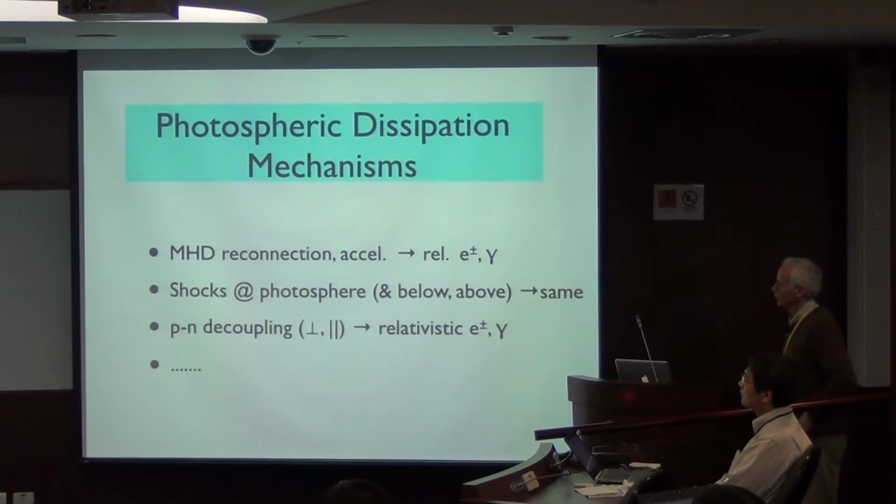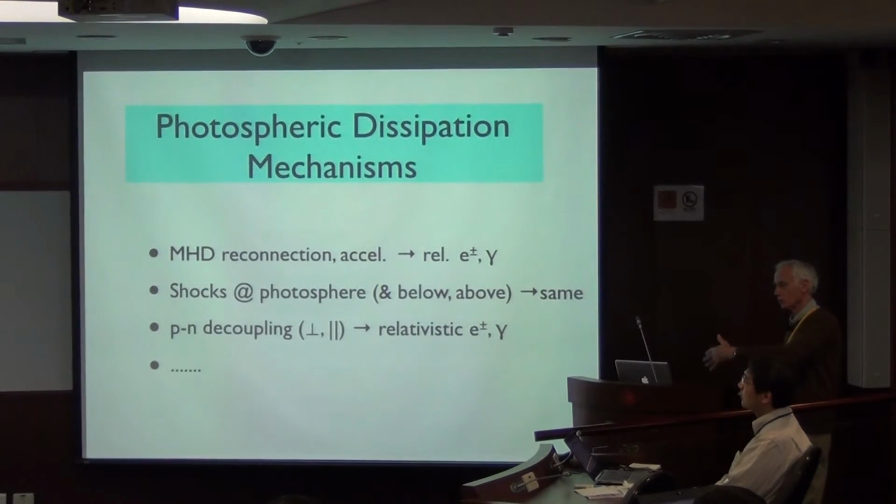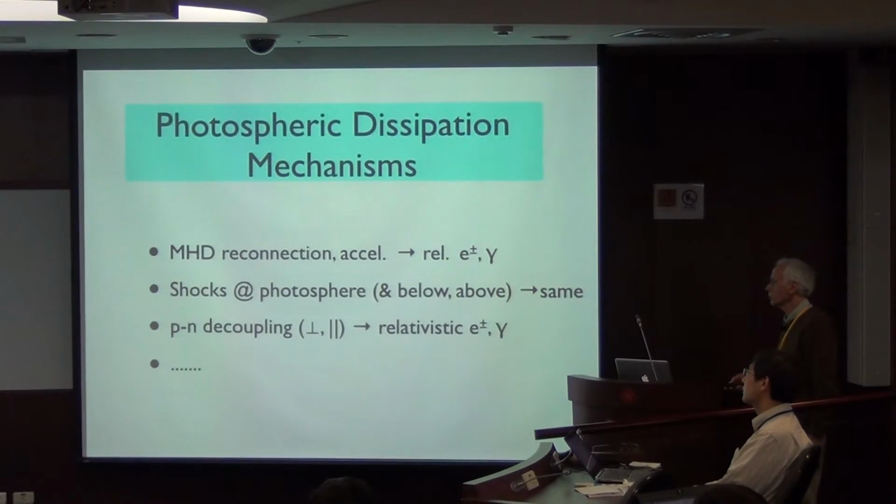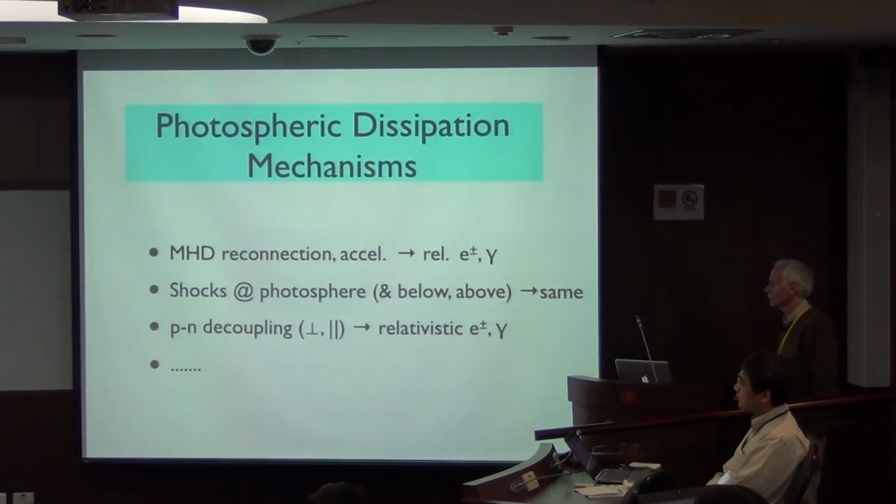Alternatively, you might have shocks which occur everywhere, including at the photosphere. If they occur at or below the photosphere, you will have dissipation too. It will give you more or less the same result.